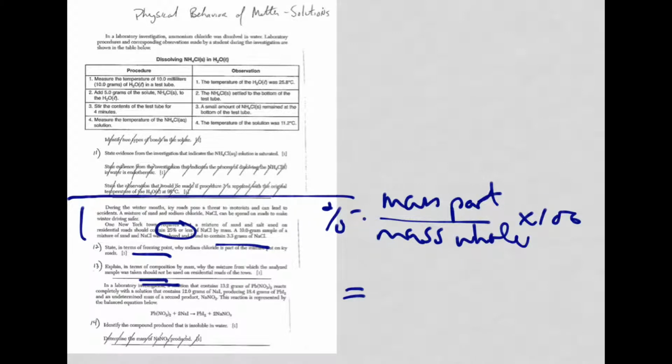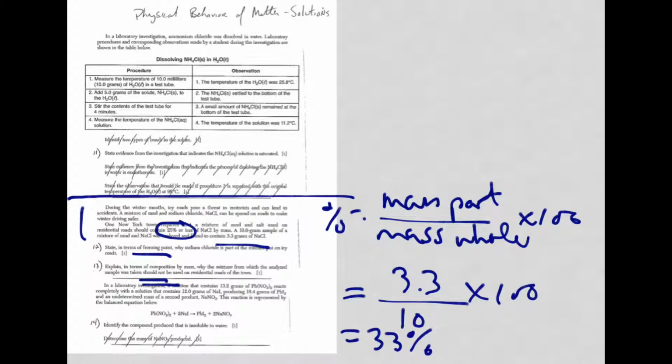So the part is my 3.3 grams, and the whole thing was a 10-gram sample times 100. I go ahead and do the math, and I get 33% sodium chloride in the sample. It was supposed to be 25% or less. So that's it. 33% is too high. Let's move on to 14.